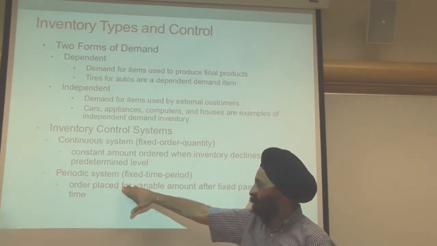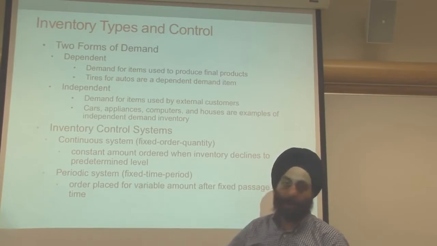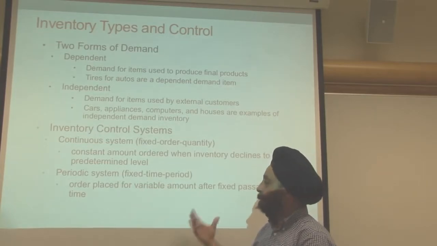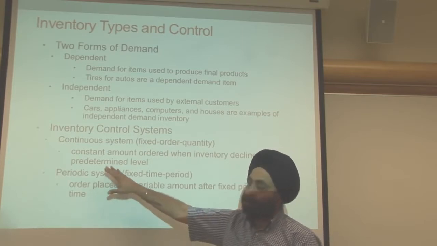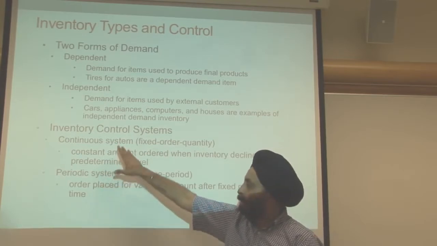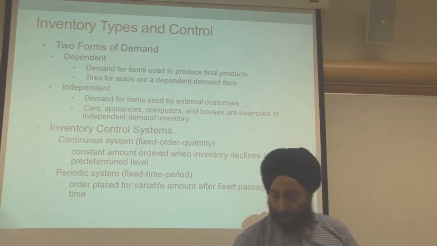In a periodic system, when to order remains constant, but how much to order becomes variable. So the periodic system is also known as the P system. The continuous system is also known as the Q system in industry lingo.